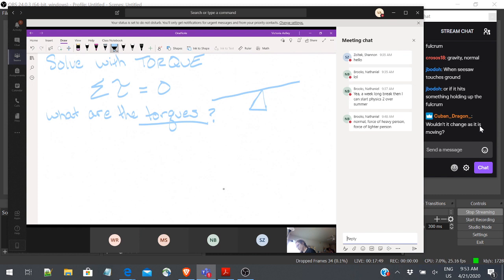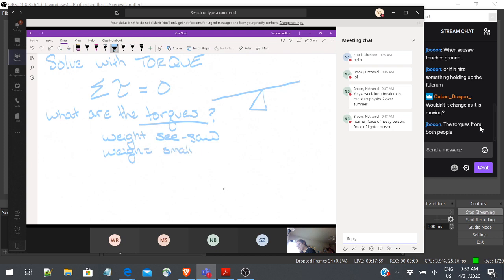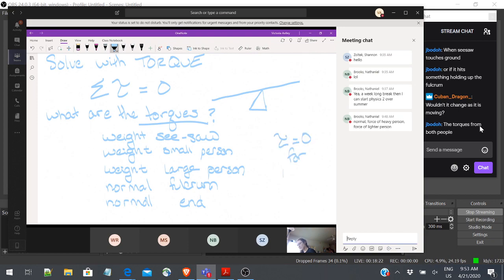So we have weight, seesaw, weight, small person, weight, large person. These are our forces: normal, fulcrum, normal. Which one of these exerts 0 torque?